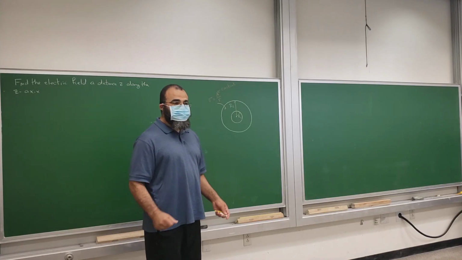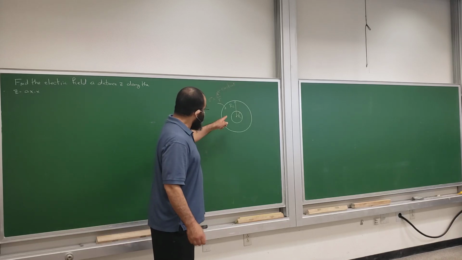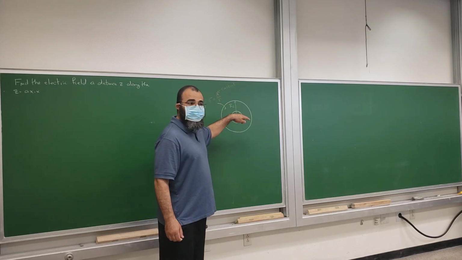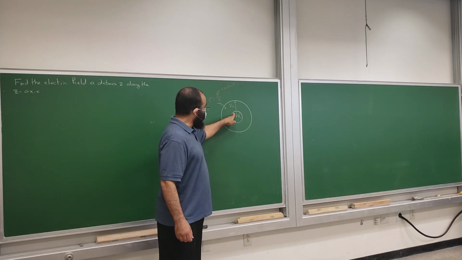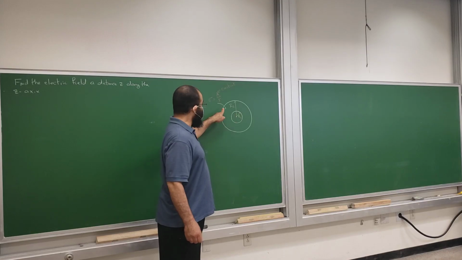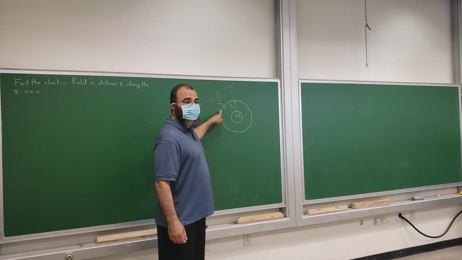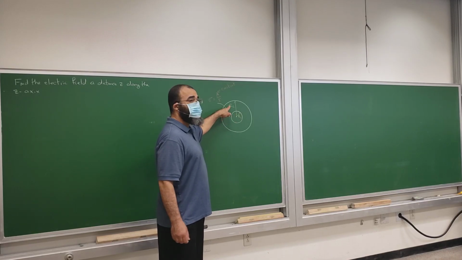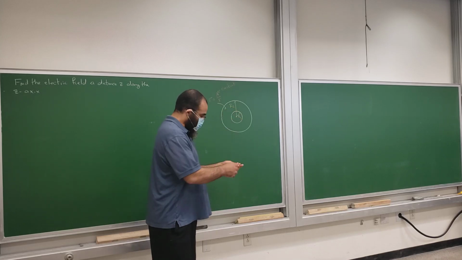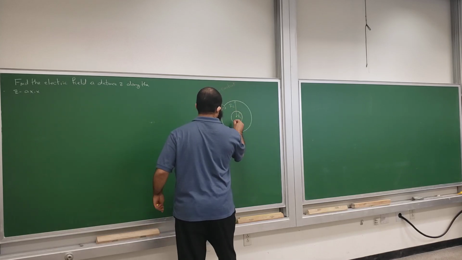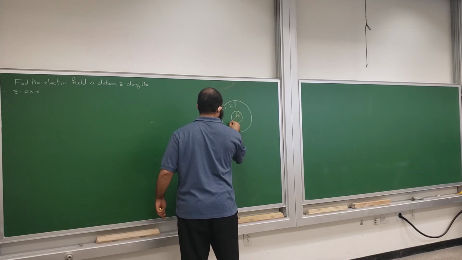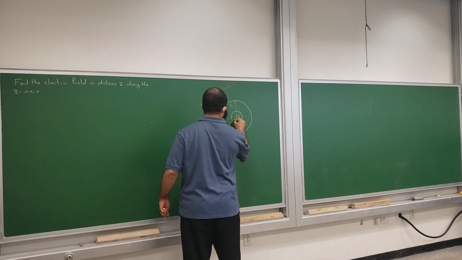So let's do rings. We can think of this as made of many rings. The first ring begins at r equal to R1, and the last ring begins at r equal to R2. So here are the rings, with radius little r, and they look like this.